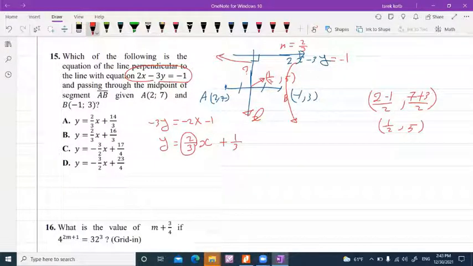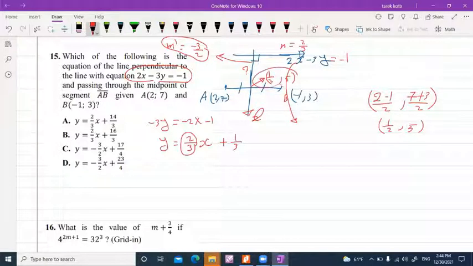So the slope of the other line, which is perpendicular to it, you have to flip this, means get the reciprocal, this is m dash, and change the sign. It will be negative 3 over 2. So now the slope of the line L is negative 3 over 2.